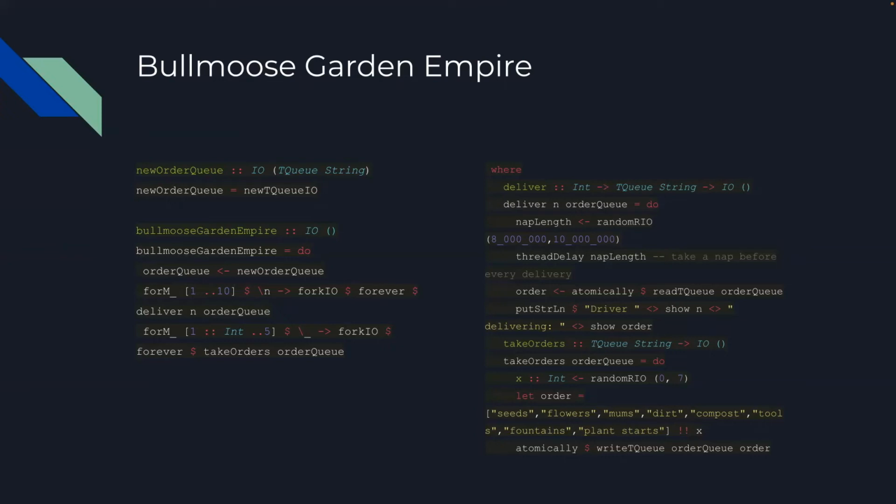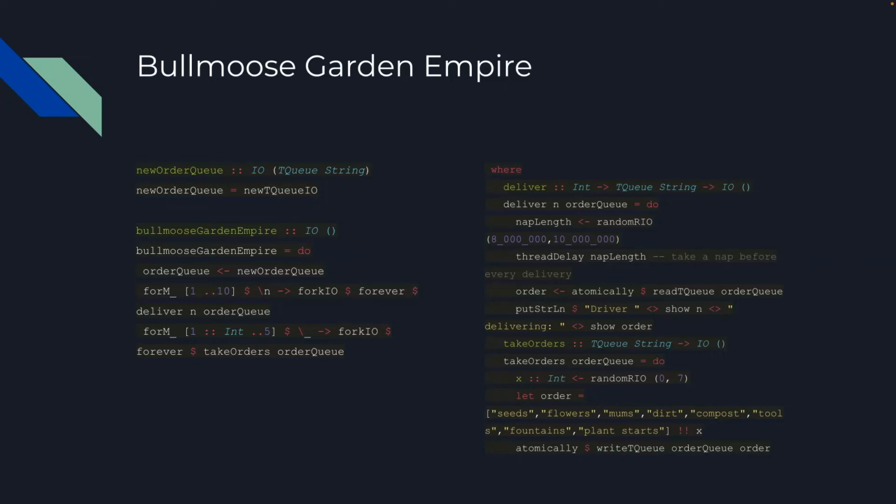And then I'm going to spawn a bunch of worker threads that are going to be doing the deliveries, and then I'll also spawn a bunch of threads taking orders. In this case, we do something a little bit different where we go through and take random stutters so you can make sure there's really no deadlocks in here. You can play with this a bunch of times and you'll never actually encounter one, no matter the randomization.